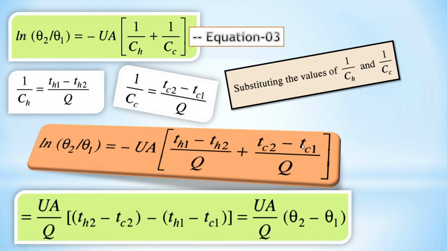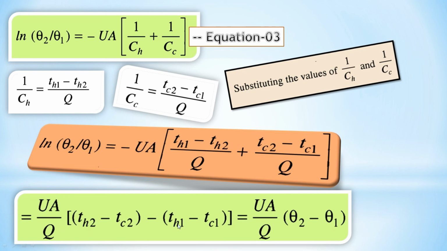Rearrange this equation in such a way that we can put the value theta 2 equal to TH2 minus TC2. When we show the diagram, you can easily understand what theta 1 and theta 2 are. We know that TH2 minus TC2 equal to theta 2 and TH1 minus TC1 equal to theta 1. In the previous slide we have already discussed this.